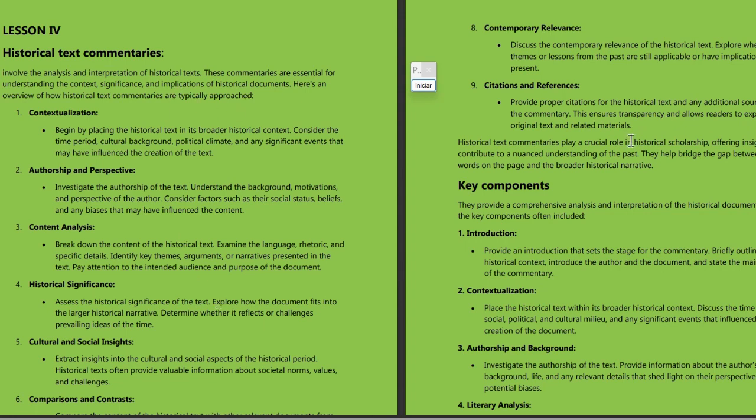All of these are important because historical text commentaries play a crucial role in historical scholarship. This offers insight that contributes to the nuanced understanding of the past, of course. And they always help bridge the gap between the words on the page and the broader historical narrative.